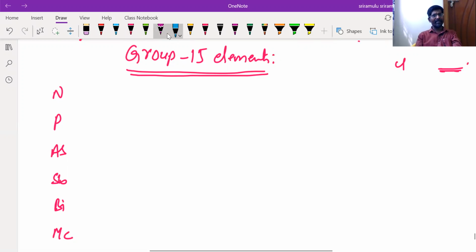Nitrogen has atomic number 7, phosphorus atomic number 15, arsenic atomic number 33, stibium atomic number 51, bismuth 83, and moscovium atomic number 115. So these are the elements and their atomic numbers.